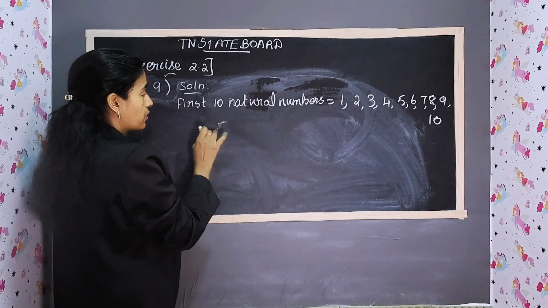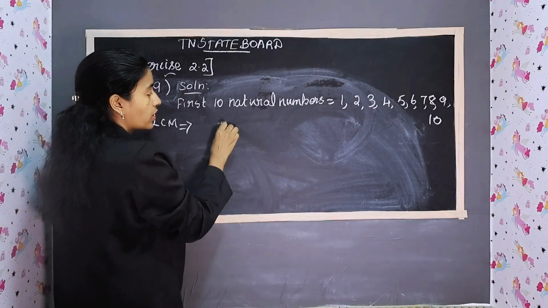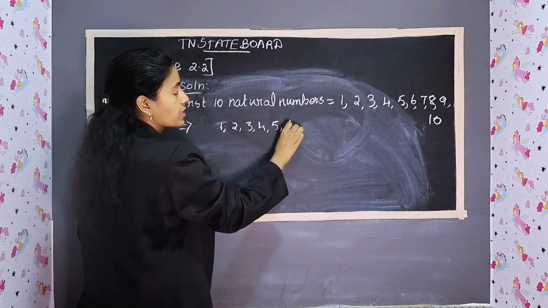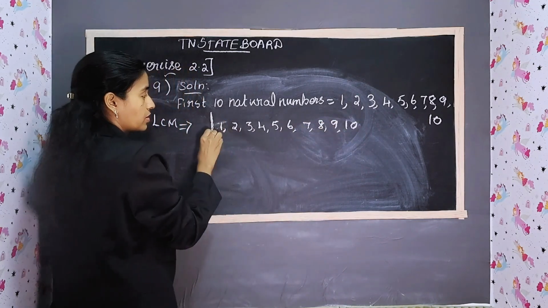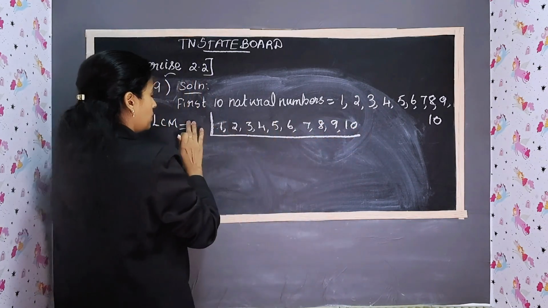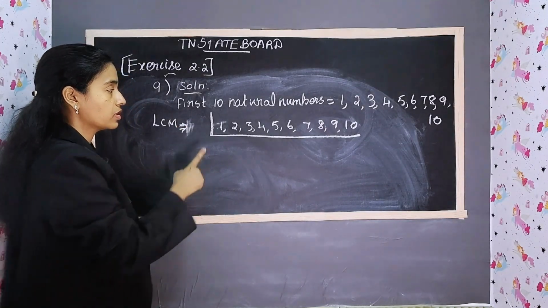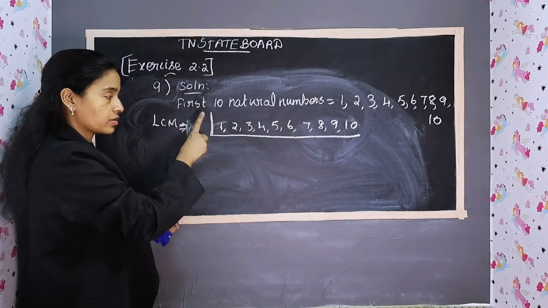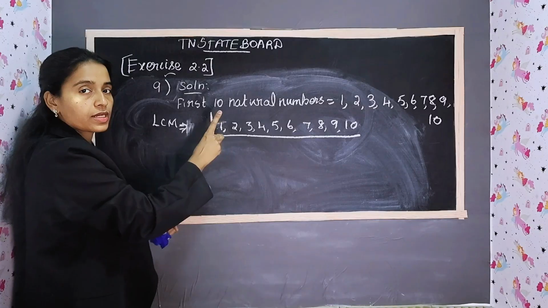So I am writing 1, 2, 3, 4, 5, 6, 7, 8, 9, 10. All together we can find out the LCM. Already this one number 1 is there. So this is second number, right?